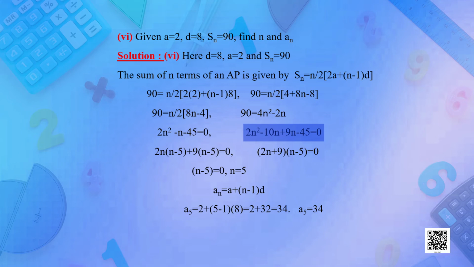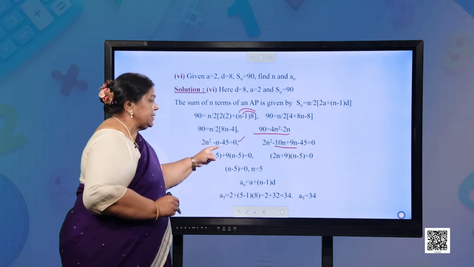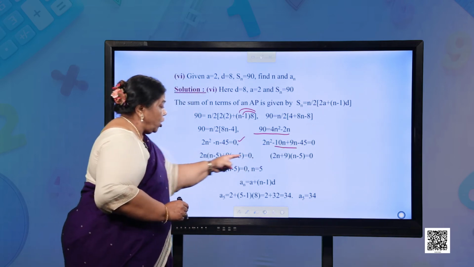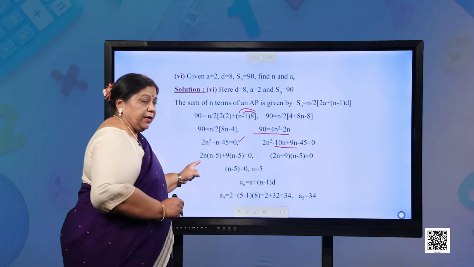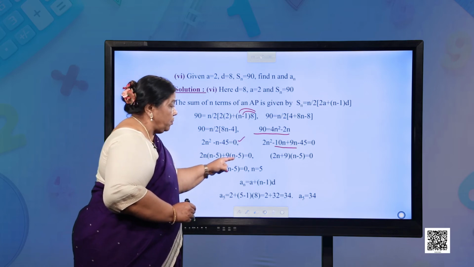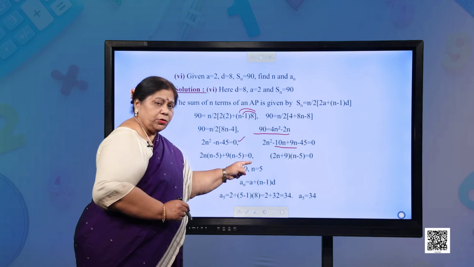Now, 2n square minus 10n plus 9n minus 45 is equal to 0. Splitting the middle term, I have written minus 1 as minus 10 plus 9. Okay. Now, what is common in the first two terms? 2n is common, we get n minus 5, plus 9 is common in the next two terms. So, 9 into n minus 5 is equal to 0.